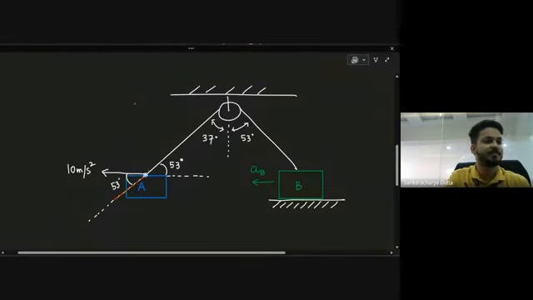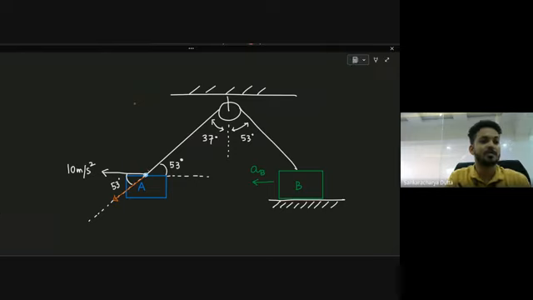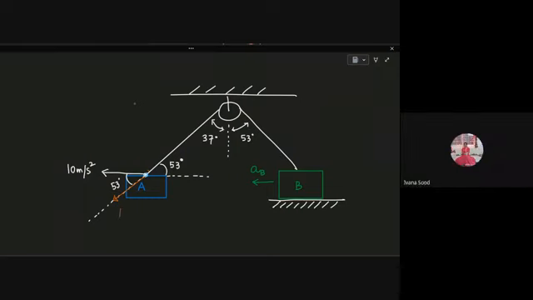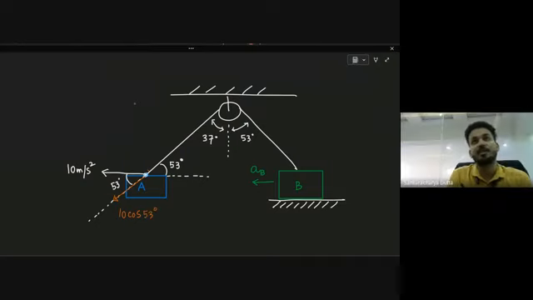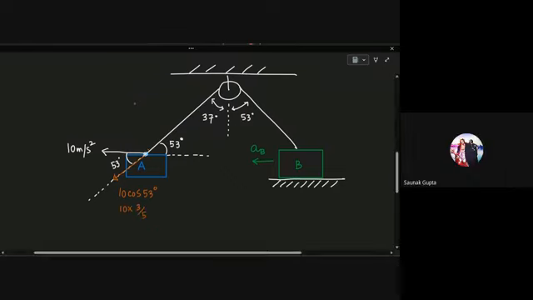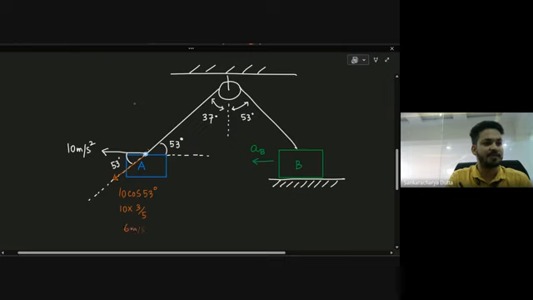Please tell me. Cos theta. So this is going to be 10 cos 53. How much is 10 cos 53? Well, cos 53 is 3 by 5. So 10 into 3 by 5, giving 6 meters per second square.